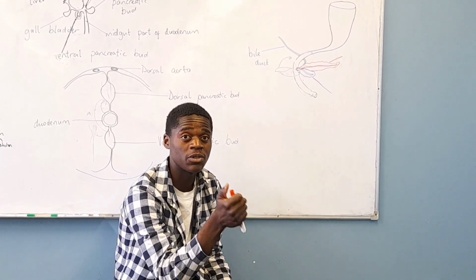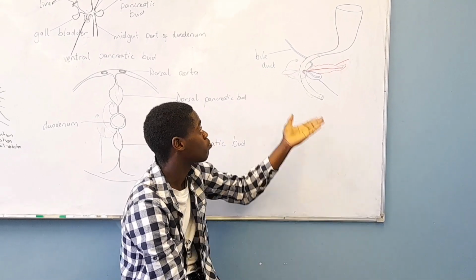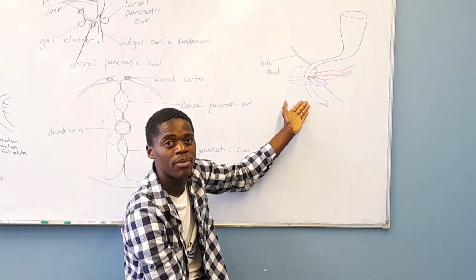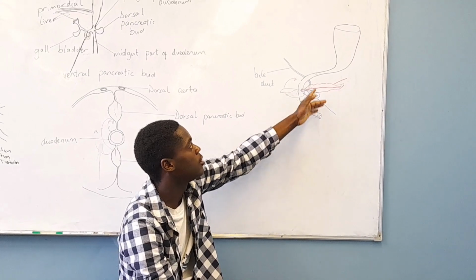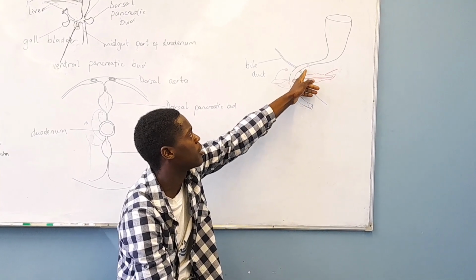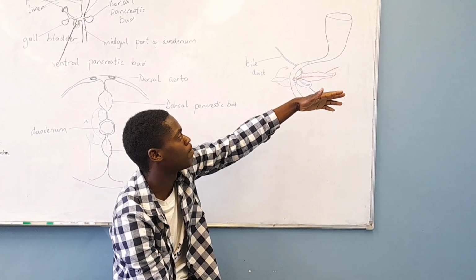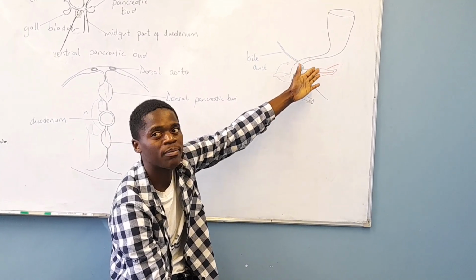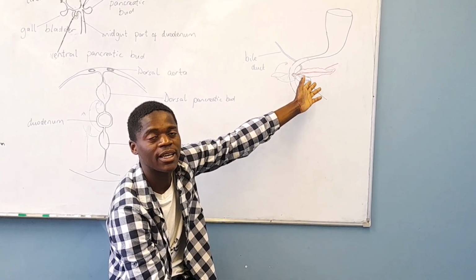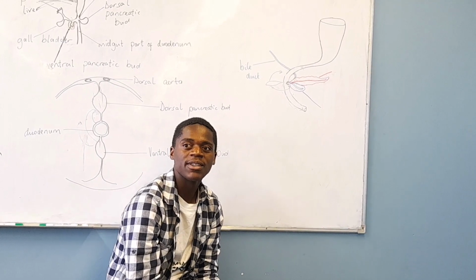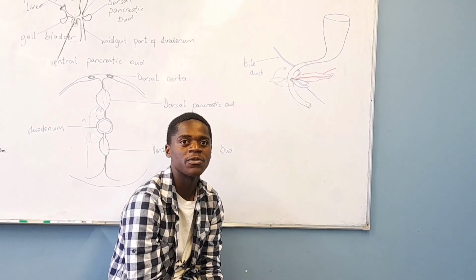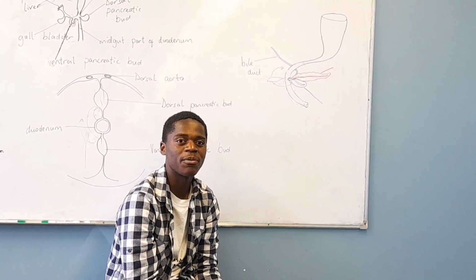So this can help us distinguish between an annular pancreas and something like duodenal stenosis or pyloric stenosis. Okay, so right now this is the end of our foregut development.